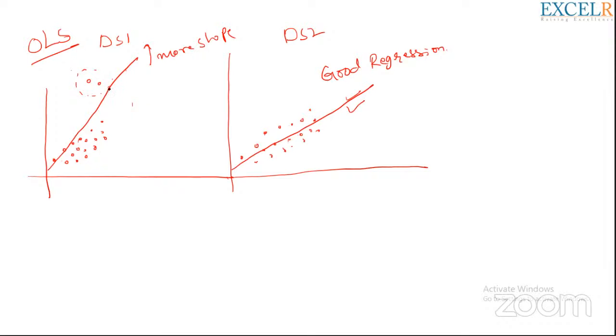So in this case, what we have to do is identify these two data points and remove them. And these two data points are considered as influencers or outliers. If you remove these data points, then your regression equation would become like this. Now this line is pretty much a good regression line, which is in between the majority of the data points. Now this line represents my data points.